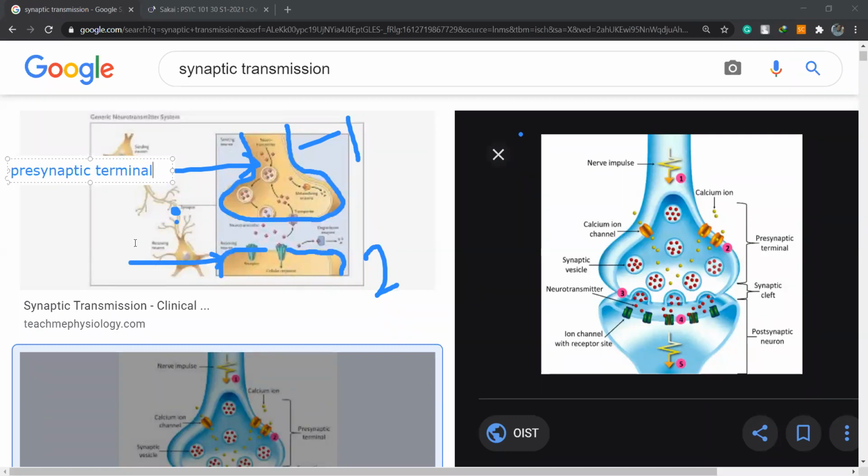Then the second neuron, its dendrite, is referred to as the postsynaptic terminal, or sometimes, sorry, it's not even terminal, it's membrane. Yeah, membrane.